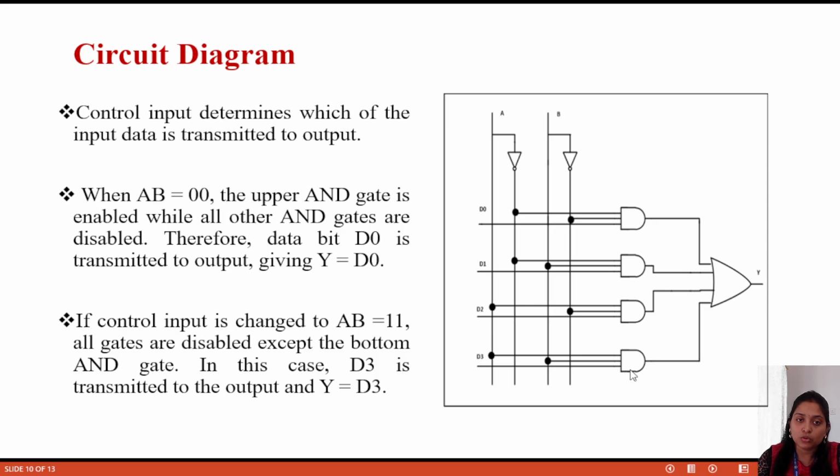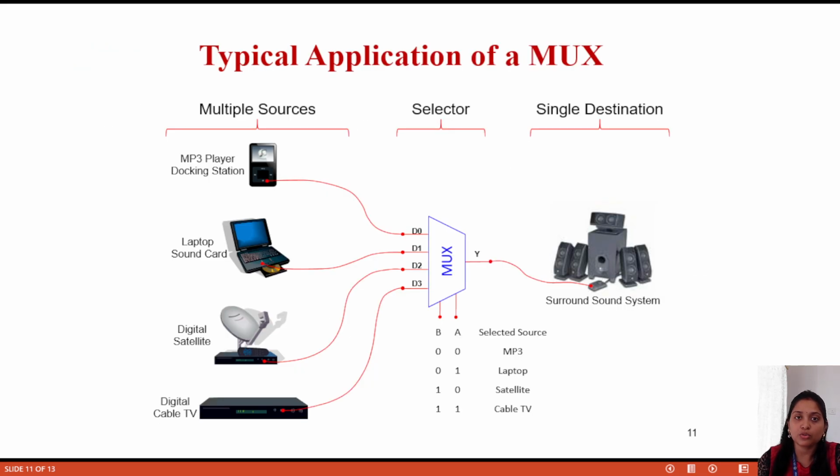So this is the 4:1 MUX principle. Now for the application: this is the MUX, and as I already said, the control input is AB, with combinations 0 0, 0 1, 1 0, 1 1, and there are 4 inputs. At D0 an MP3 player is connected, at D1 a laptop, at D2 a digital satellite, and at D3 digital cable TV.